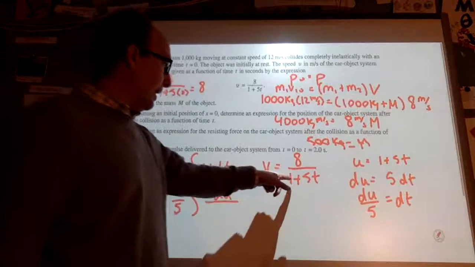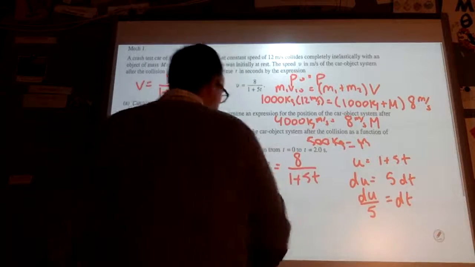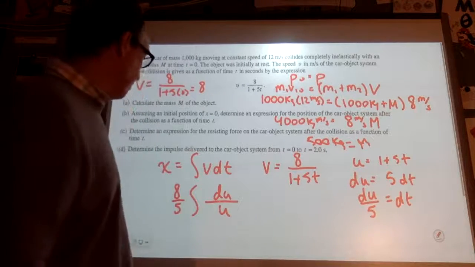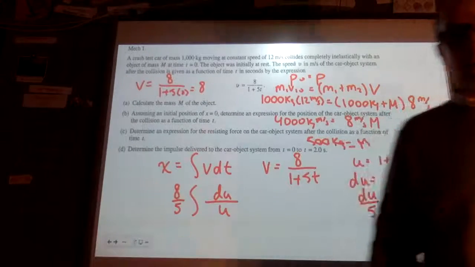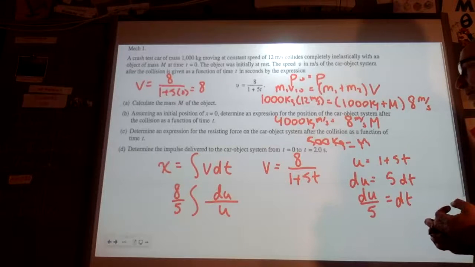And then I'm saying that 1 plus 5t is my u, so I'm going to put this in as u. And then I'm going to take the 8 in front as well, because I don't need to worry about that integer.